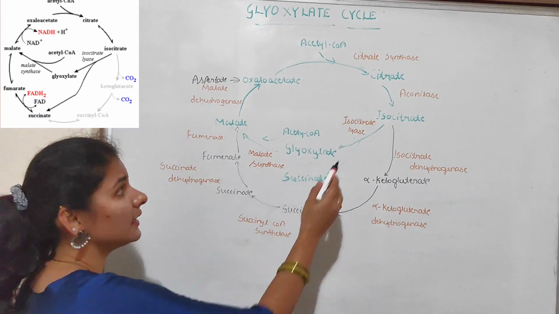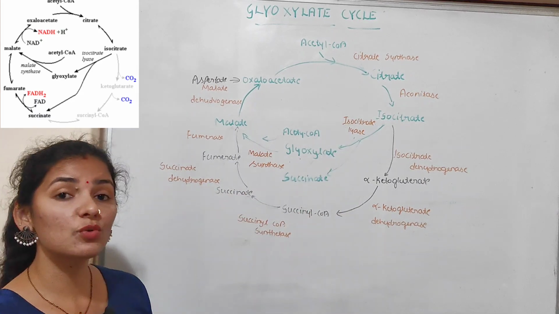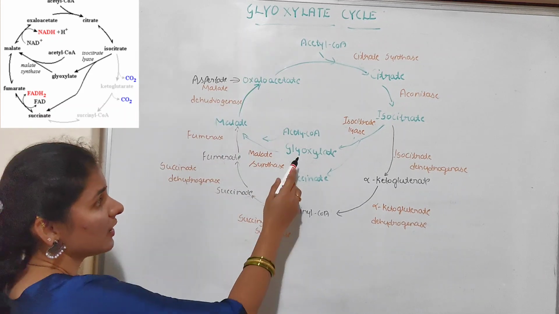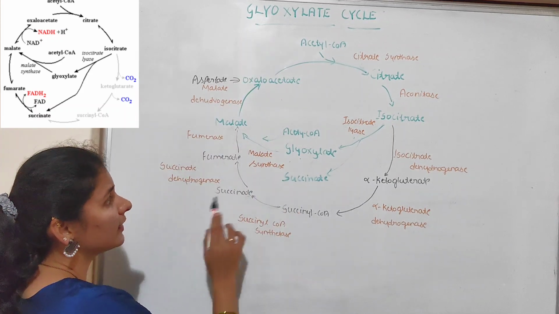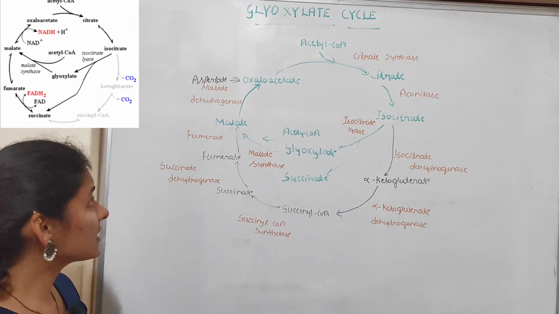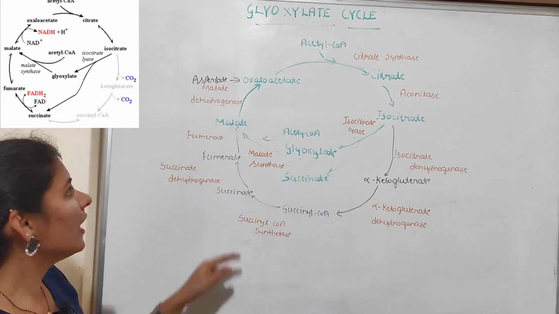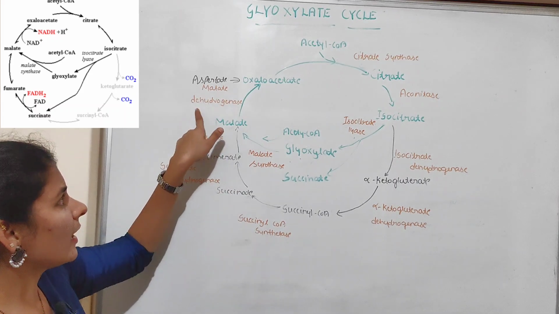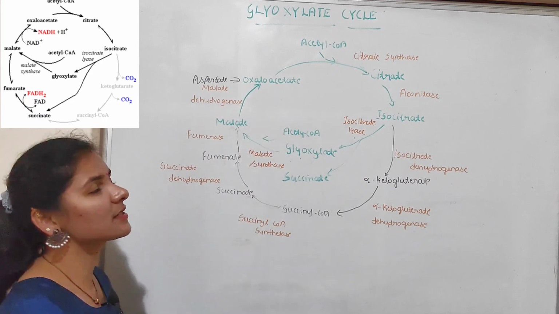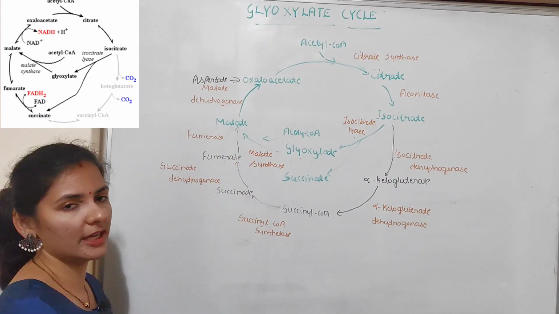So in this case, isocitrate lyase as well as malate synthase are known as key enzymes of the glyoxylate cycle. In the next step, malate is converted back into oxaloacetate, and this conversion is catalyzed by the enzyme known as malate dehydrogenase.